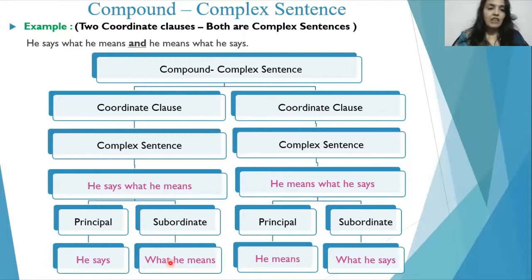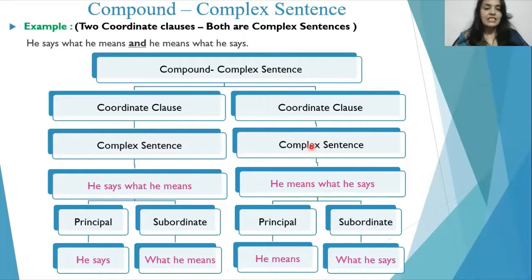So if there is one principal and one dependent or subordinate clause, this is a complex sentence. And the other one, he means, he subject, means verb, is a principal clause. What he says, again the word 'what' tells us this is a dependent clause. So this is a subordinate or dependent clause, meaning it is a complex sentence.